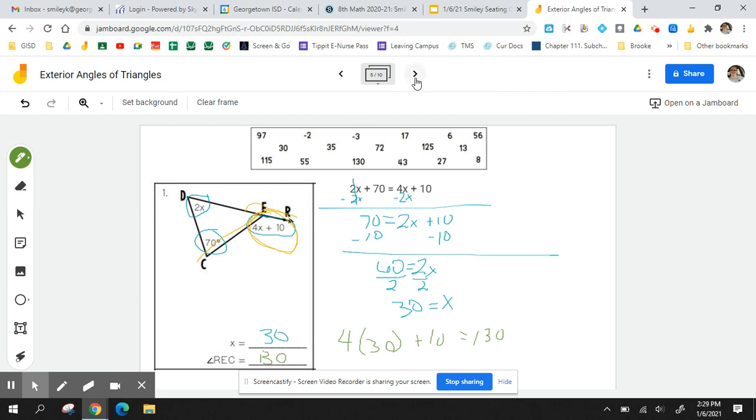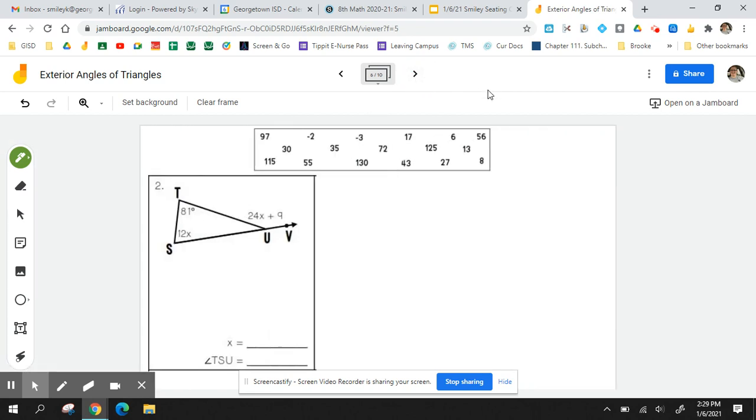Alrighty. Let's go to the next one. All right, so we're going to use what they give us again to figure out. I'm going to write down our equation. So again, those interior angles. So we would have 12x plus 81 equals 24x plus 9. Okay. So when you go to solve this, I'm going to move the smaller variable just like what we did on the last problem.